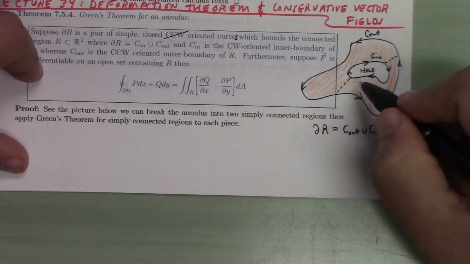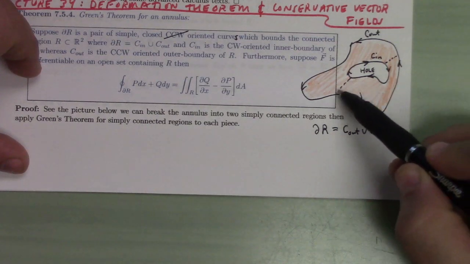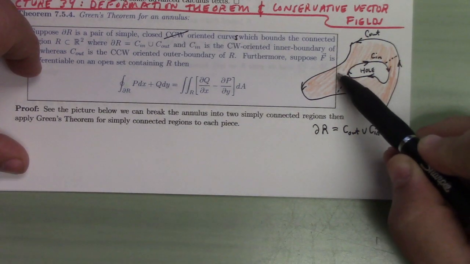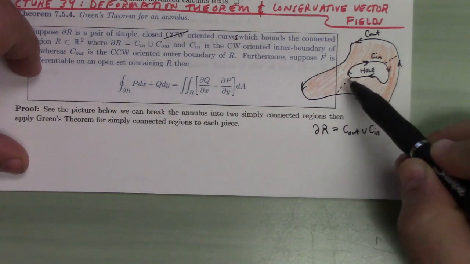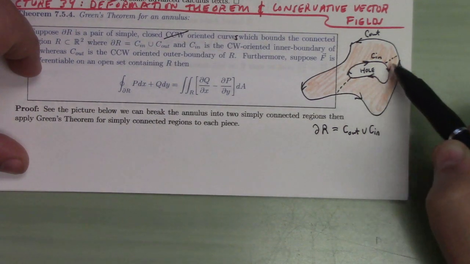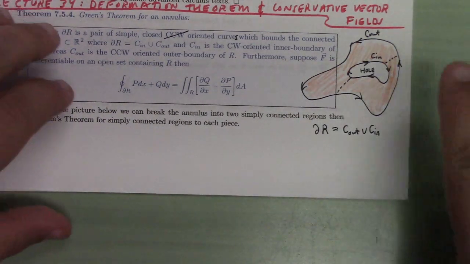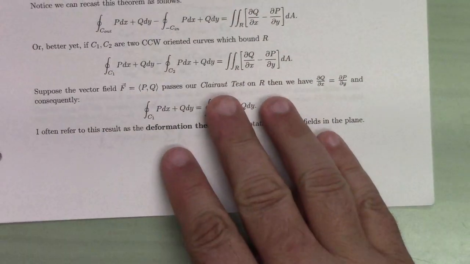You can apply Green's theorem to each piece separately, and when you study the way the crosscuts appear, the counterclockwise oriented boundaries from above and below are going to be oppositely oriented at the crosscuts, and so it leads to this relation. I have a somewhat careful proof of that on the next page, but it's quite awful to look at.